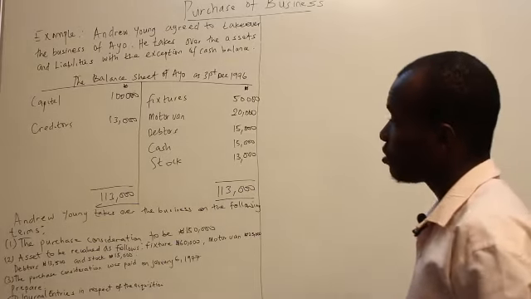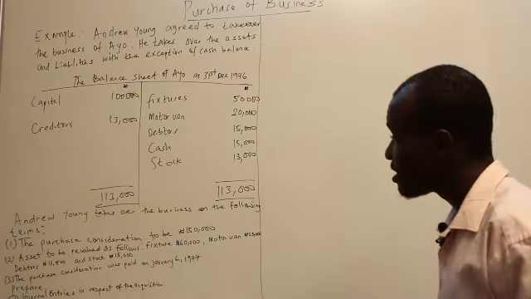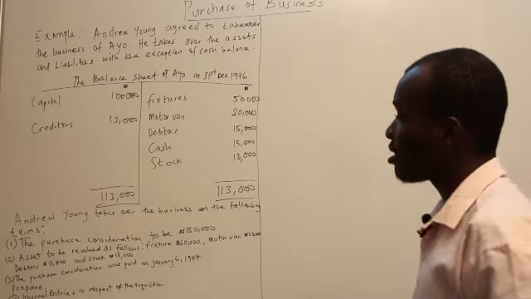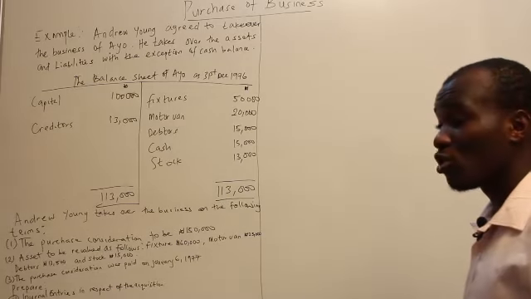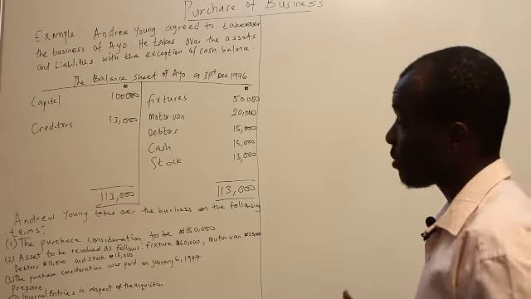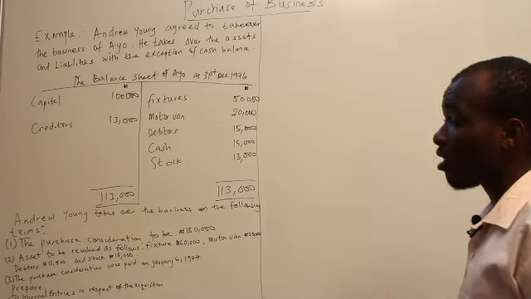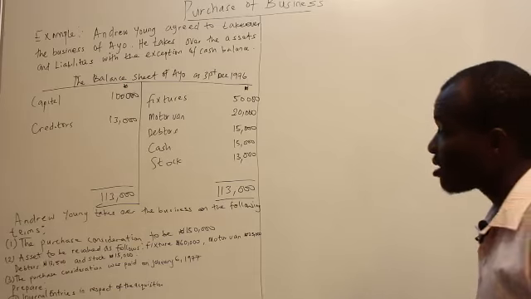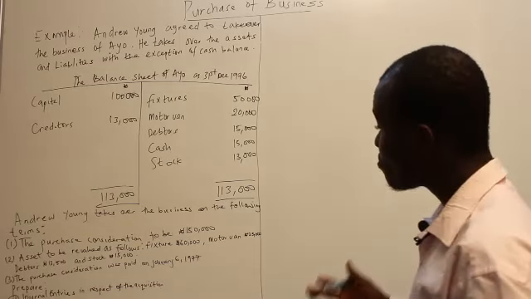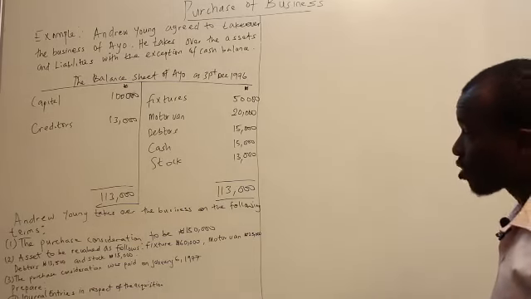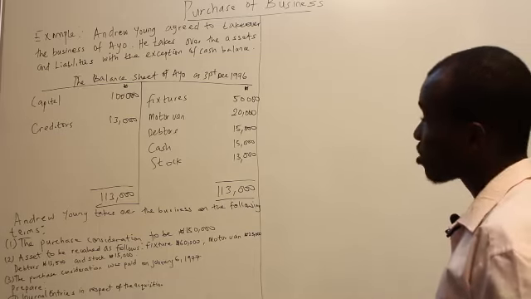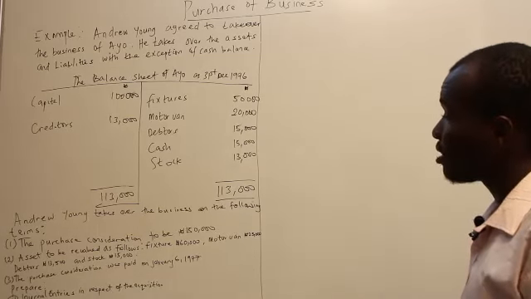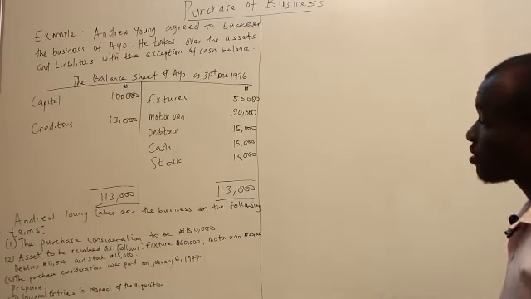So Andrew Young takes over the business on the following terms. The purchase consideration to be paid by Andrew Young is 150,000 naira. Assets are to be revalued. Now the fixtures become 60,000 naira, the motor van becomes 25,000 naira, debtors become 13,500 naira, while stock becomes 15,000 naira.